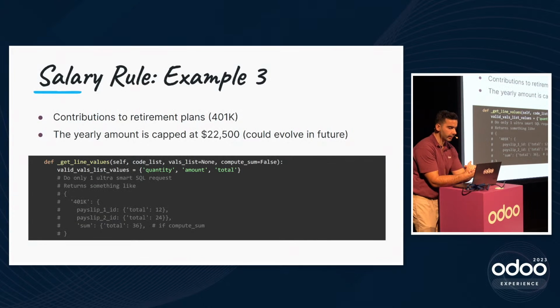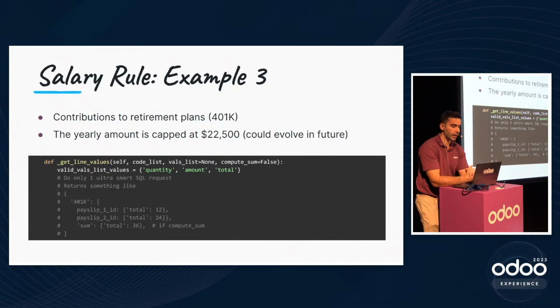So as I said, the yearly amount is capped. So that means that in the salary rule code, we will have to retrieve all the previous amounts that were contributed in the previous payslips, and we have to check, has the cap been reached or not?